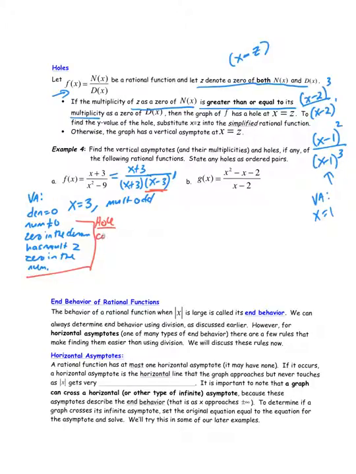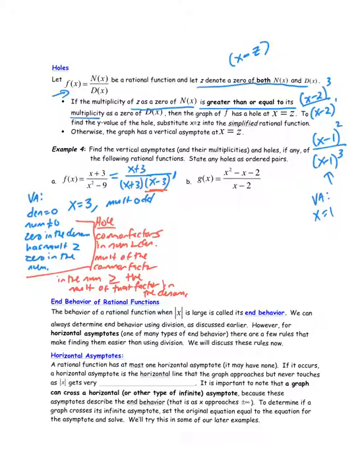So we're looking for common factors in numerator and denominator, and more specifically, the multiplicity of the common factor in the numerator has to be greater than or equal to the multiplicity of that factor in the denominator, which means that we can cancel the factor out of the denominator.